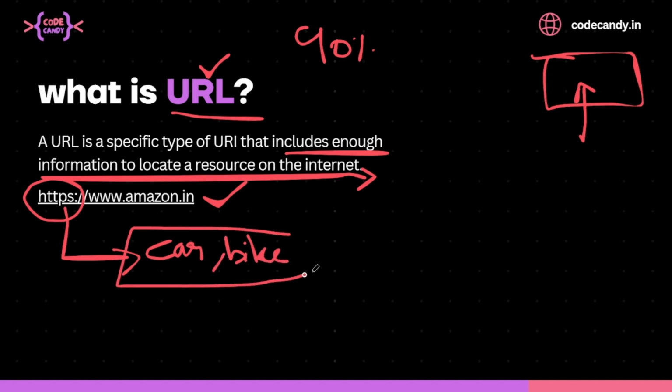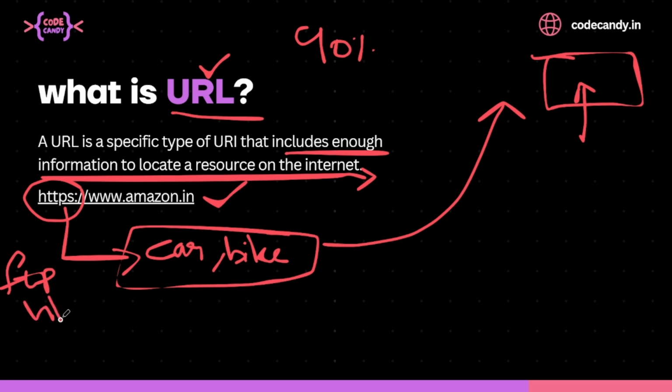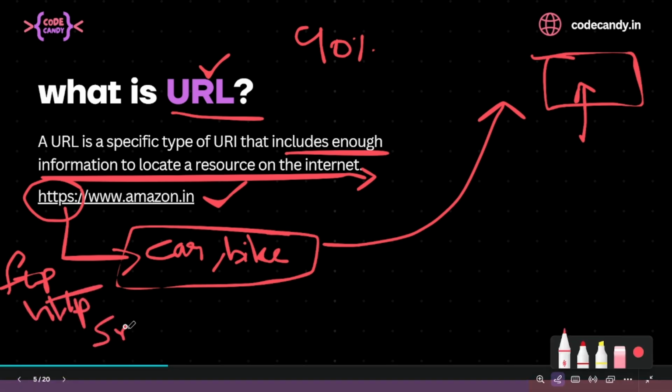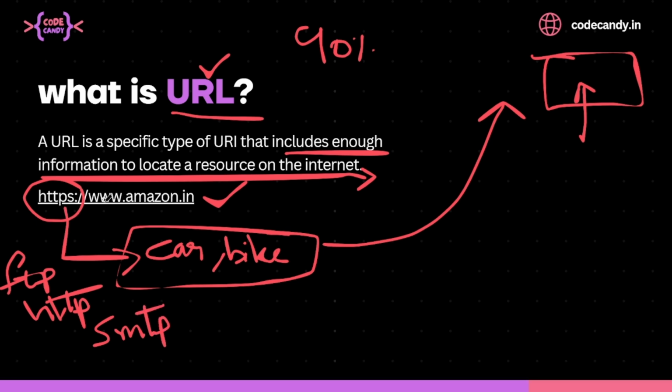By using this particular protocol, you are reaching Anupriya's house. This may be HTTPS or FTP, HTTP, SMTP, whatever it may be. Using this protocol, you are going to the Amazon website where that server is located. So to identify the Amazon website on the server, you are using the HTTPS protocol and the Amazon name. So all this sums up to be a URL.